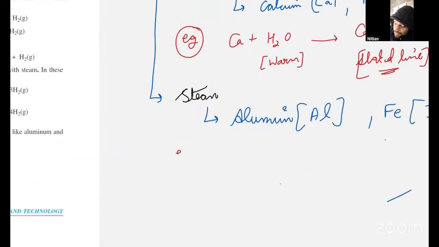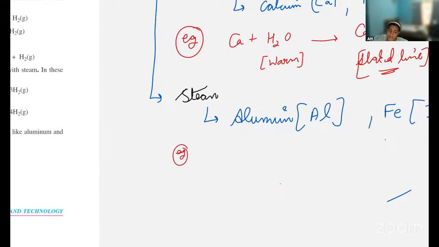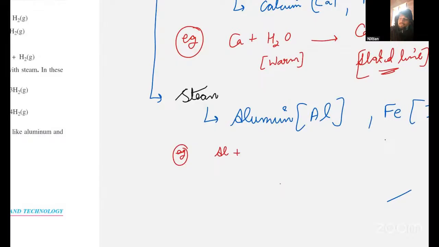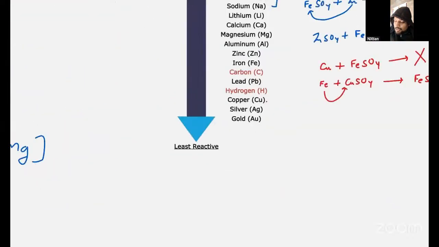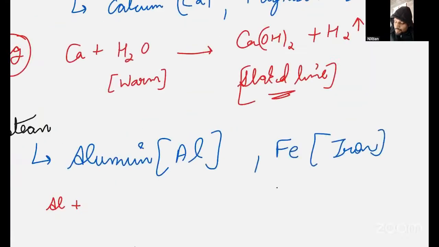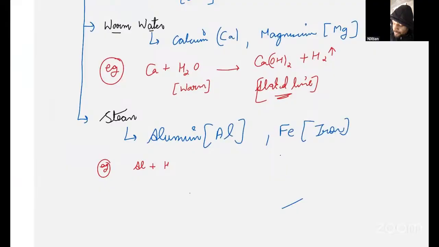There are many elements, not only two. We have zinc also. First, aluminium plus water will make aluminium hydroxide, which is Al(OH)3, plus H2 gas.